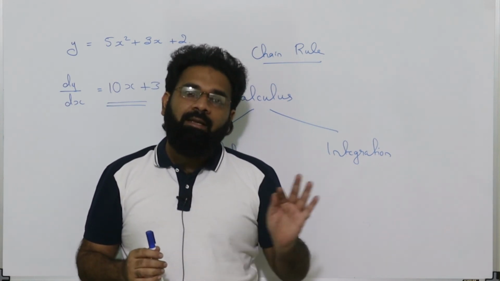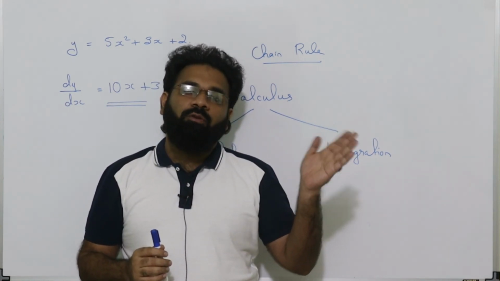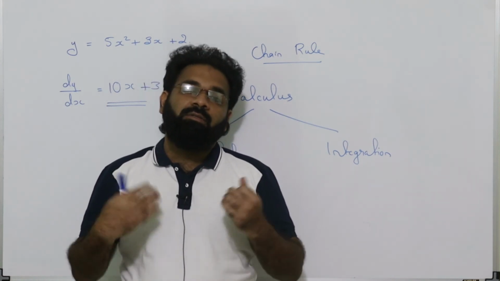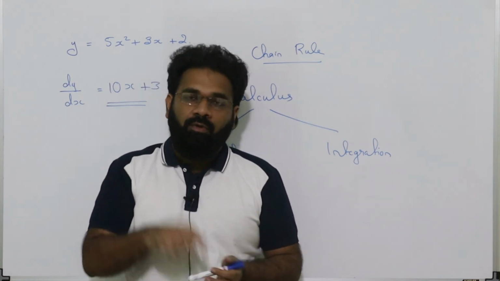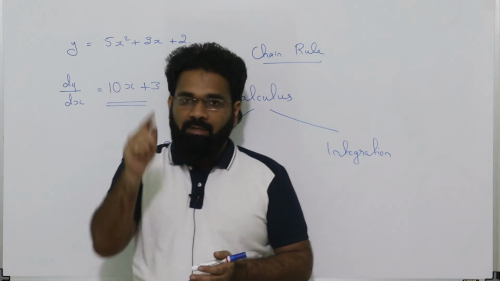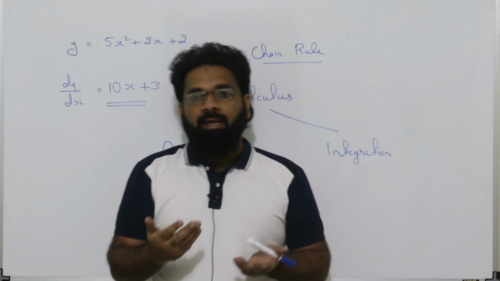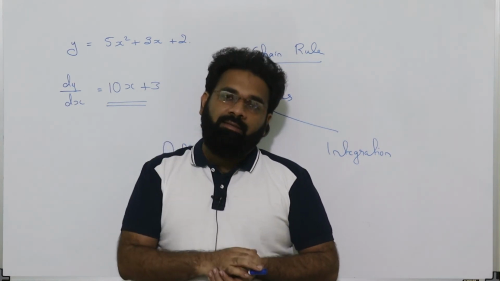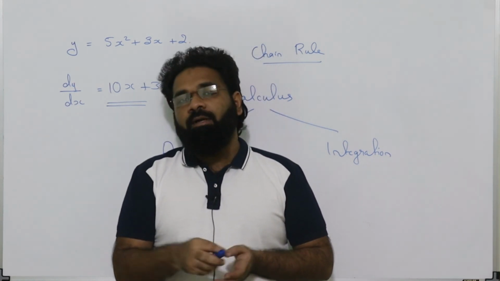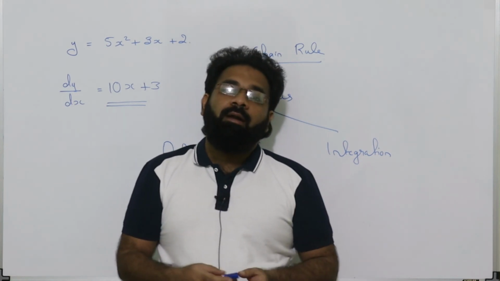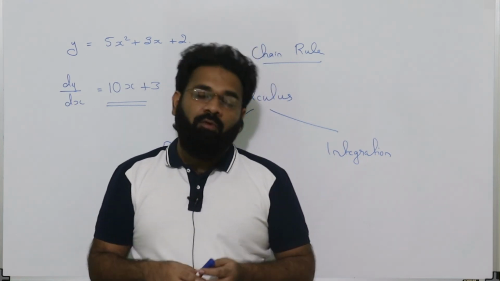For a straight line we find slope as y2 minus y1 by x2 minus x1. But when it gets complex, we take two short points and consider that as a straight line, and instead of delta y by delta x, we put dy by dx. Differentiation formulas are there, different functions have different formulas.